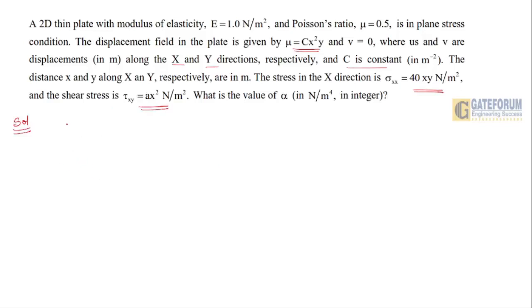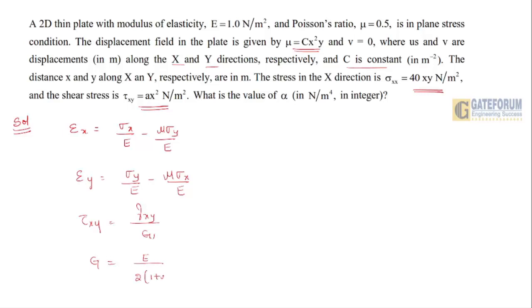Now we write epsilon x equal to sigma x by E minus mu into sigma y by E. Epsilon y is equal to sigma y by E minus mu into sigma x by E. Tau xy is gamma xy by G, where G will be equal to E by 2 into 1 plus mu, right?